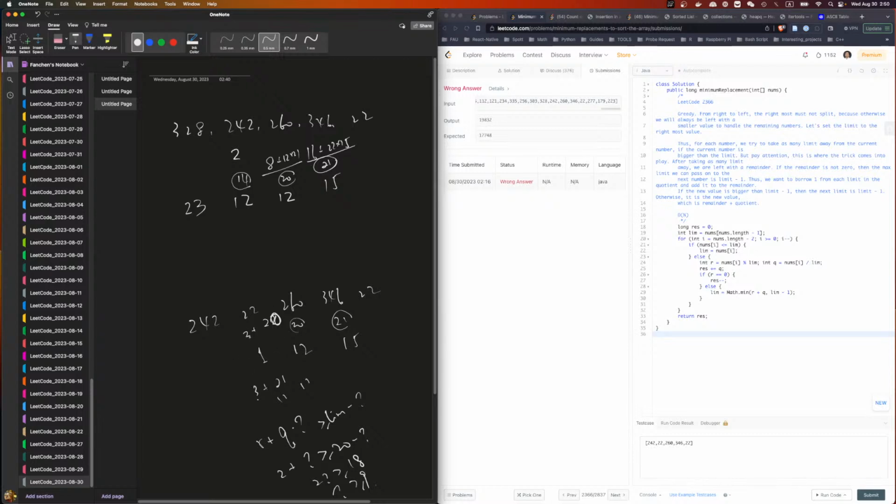Then we rearrange. Now if it's 11, then 242 divided by 11 is 22. So we have 22 here. So it's 22 plus 1 plus 12 plus 15. That's 50. Oh, because 242 is divisible, so there's actually 21. So that's 49. Oh.